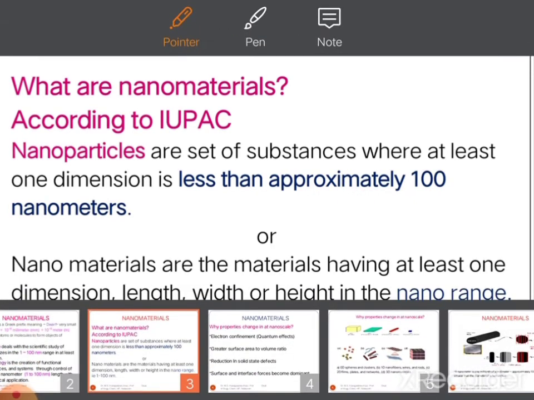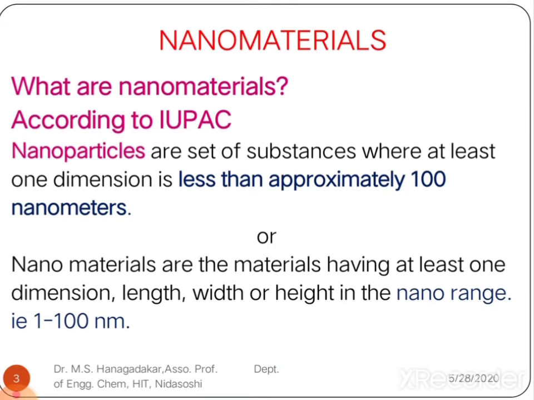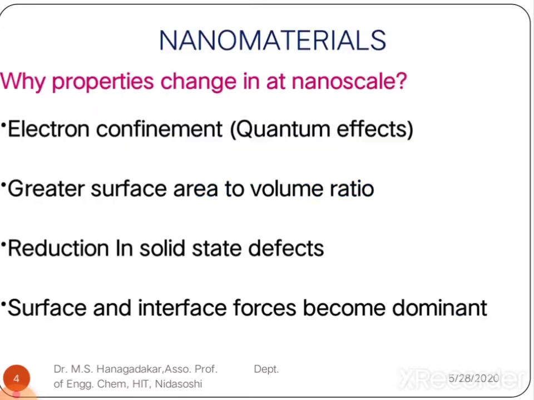Or nanomaterials are materials having at least one dimension in length, width or height in the nano range, that is from 1 to 100 nanometer. To define nanomaterials, classical mechanics fails. Here, quantum chemistry plays an important role.